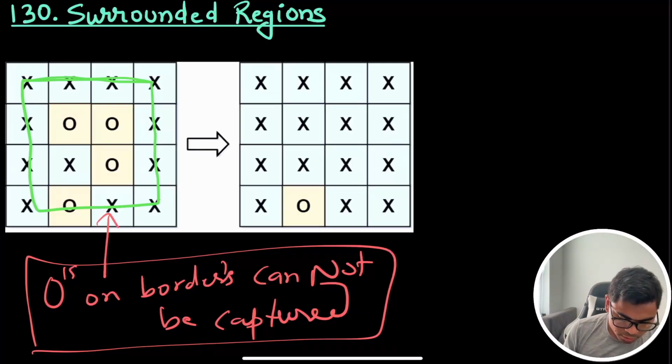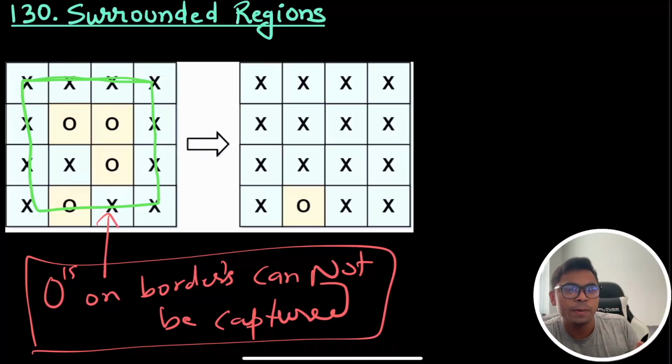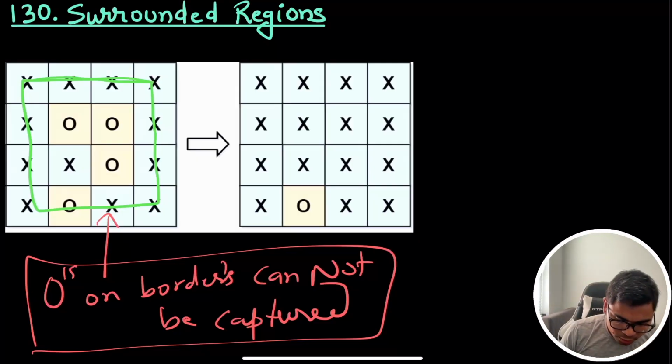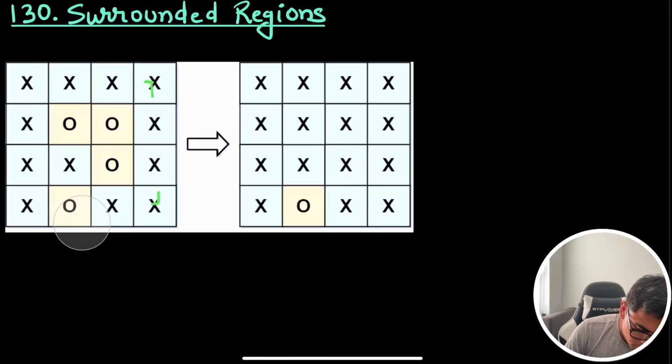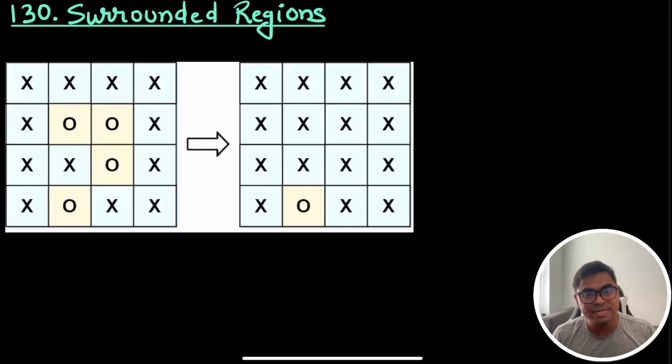If any of the O's on the borders cannot be captured, that means any other O's connected to them, the region, also cannot be captured, because we know for sure that any O on the border will always have one side that is not surrounded by X. So that's why it cannot be captured.